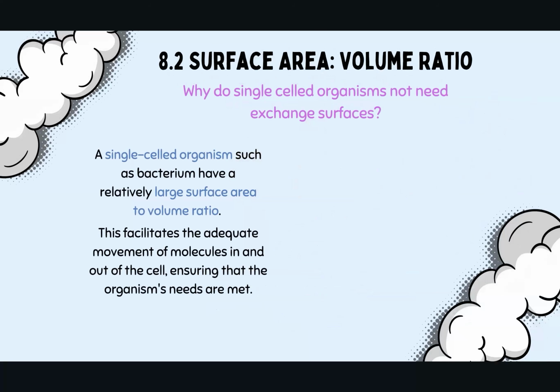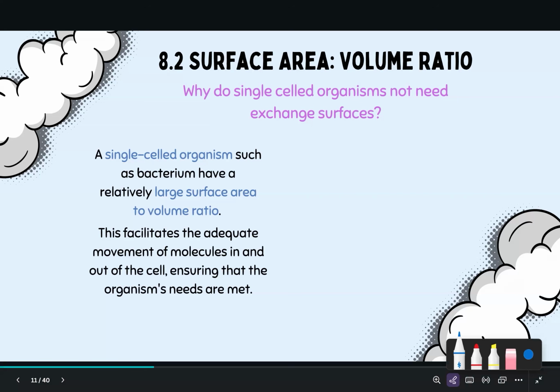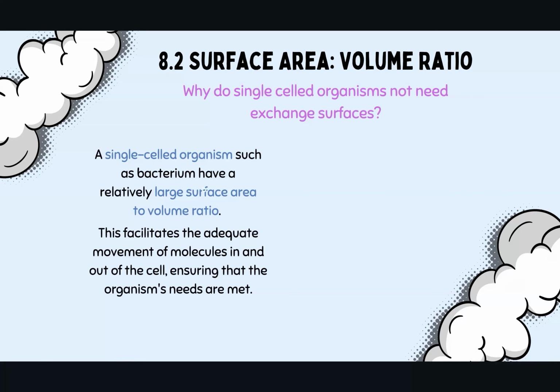Okay, surface area to volume ratio. A single-celled organism, such as bacteria, has a relatively large surface area to volume ratio. This facilitates the adequate movement of molecules in and out of the cell, ensuring the organism's needs are met.